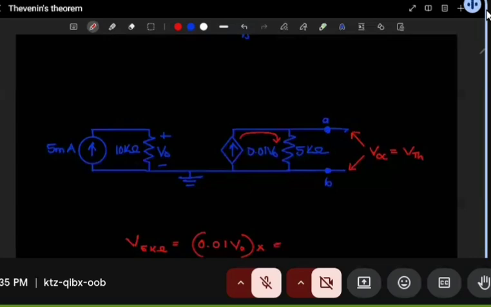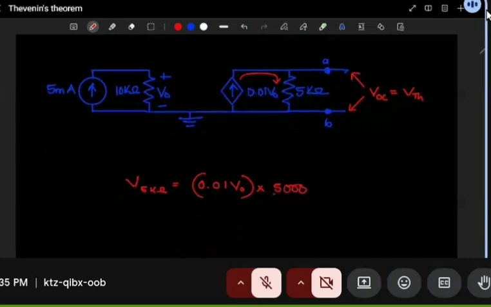So we'll convert this back from kilo to ohms. So this will be 5,000 ohms. So that now the two decimal places will deal with those two zeros, giving our expression for V across the 5 kilo ohms to be equal to 50 V0. So this is the voltage drop across the 5 kilo ohm resistor. And remember, this is our V open circuit.